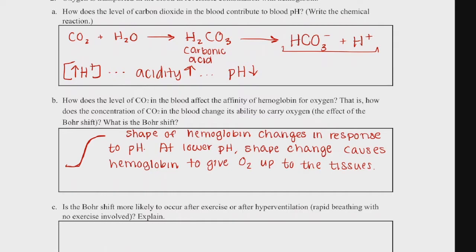ATP production via cellular respiration produces CO2 as a waste product. The addition of more carbon dioxide lowers the pH and results in a conformational change in the hemoglobin to deliver more oxygen to tissues undergoing exercise. So we're going to see the Bohr shift more likely to occur after exercise than after hyperventilation.